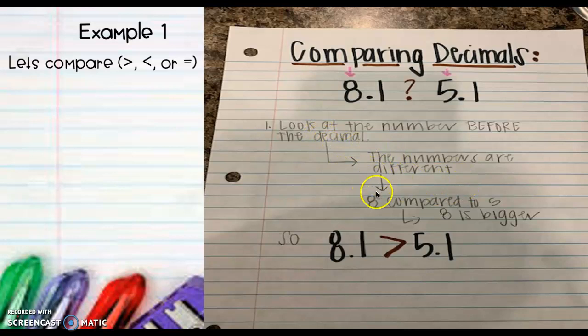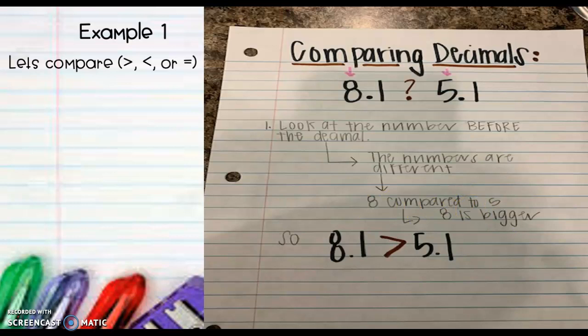The numbers are different. So if the numbers are different, then that's when you have to decide, is the number on the first part, the first one right here, greater than, less than, or equal to this number right here, this 5. So I'm comparing 8 to 5 because those are my two numbers before the decimal.